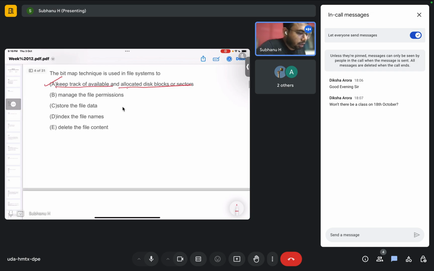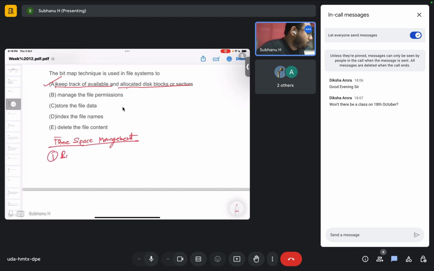So we have two ways to keep track of free space. This is called free space management. For free space management, we have bit vector and we have linked list. So how do I keep track using the linked list? Suppose this is your memory.